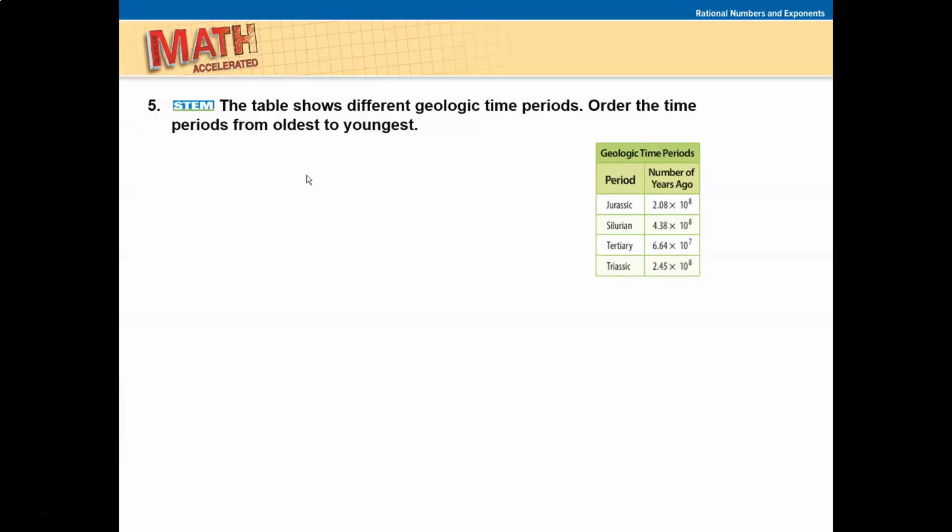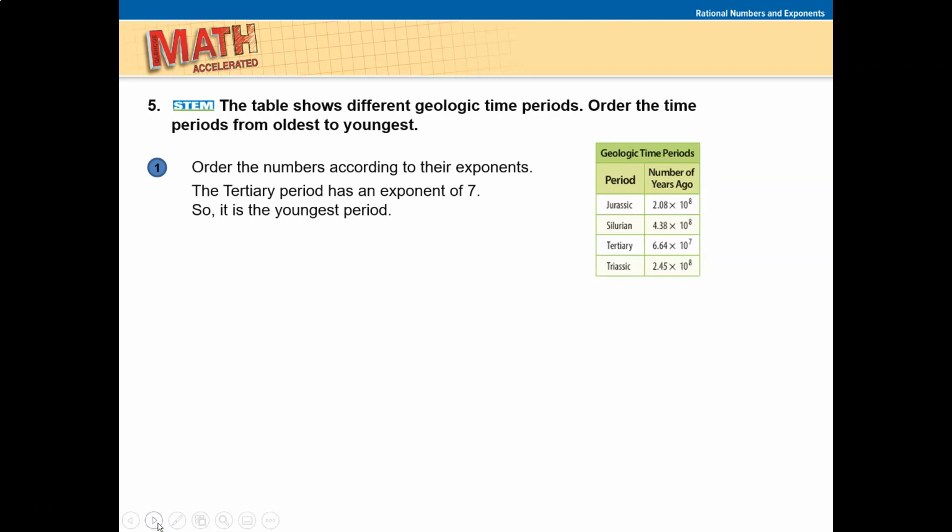The table shows different geological time periods. Order them from oldest to youngest. We're going to order them by their exponents. The Tertiary period is exponent 7, so it is the youngest period. Order the numbers with the same exponent by comparing the factors. We have 10 to the 8th, 10 to the 8th, 10 to the 8th, with 2.45, 4.38, 2.08.